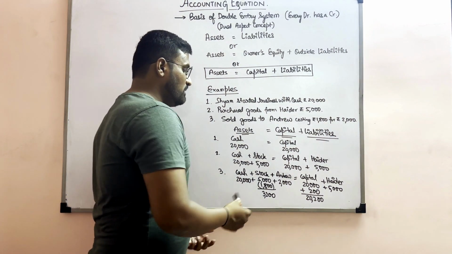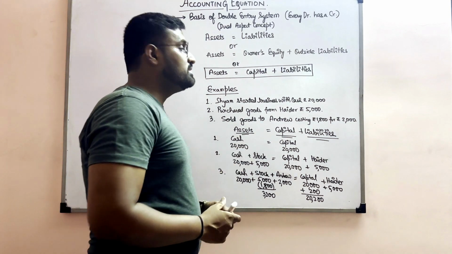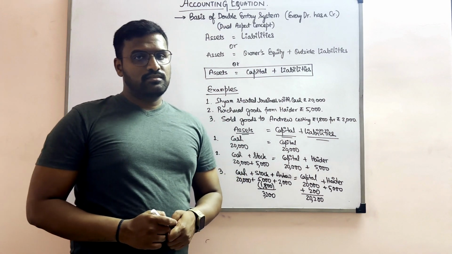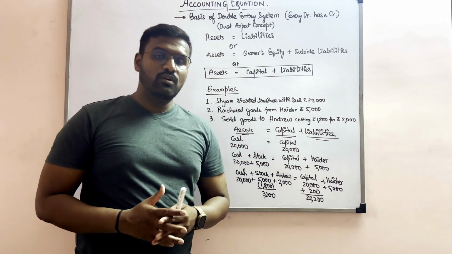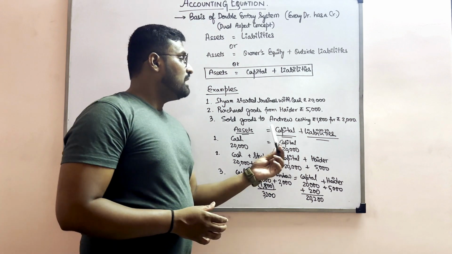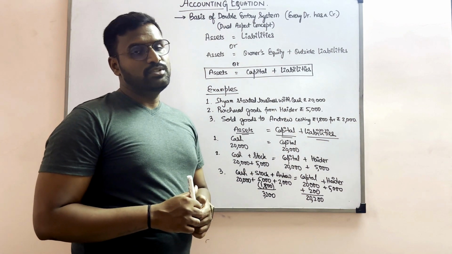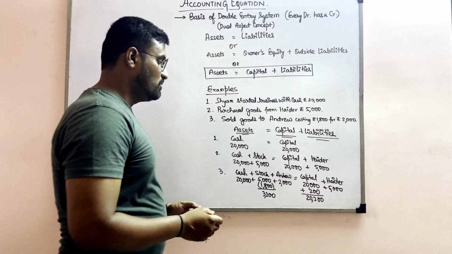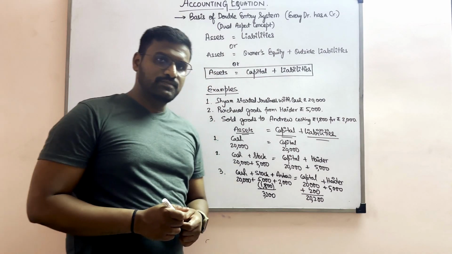So we reduce 1,800 from our stock because that was the value of the goods that we sold. So 5,000 minus 1,800 gives us 3,200. But Andrew did not pay us. He's supposed to pay us. Now, if someone is supposed to pay us but has not paid yet, what do we call him? A debtor. So Andrew is a debtor now, and since we sold to him worth rupees 2,000, we are supposed to receive rupees 2,000 from Andrew. So, since he is our debtor, under assets, we write Andrew as rupees 2,000.